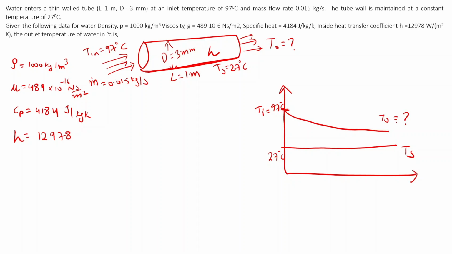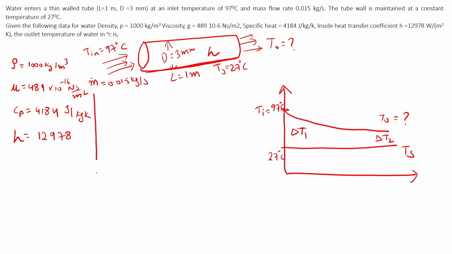Here you can see that the change in temperature, delta T, is not following a linear trend. It won't follow a linear trend since the flow is happening across the cylinder, and hence we need to find the log mean temperature difference. Delta T1 will be higher than the end temperature difference, delta T2.